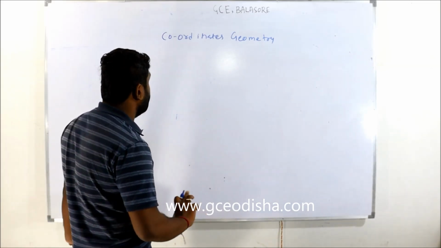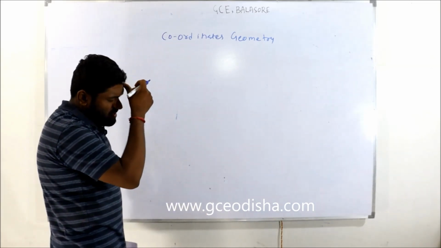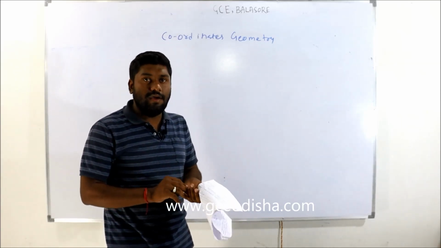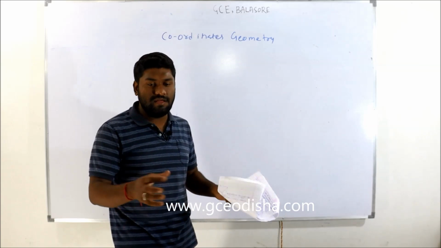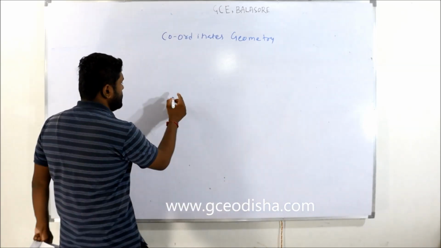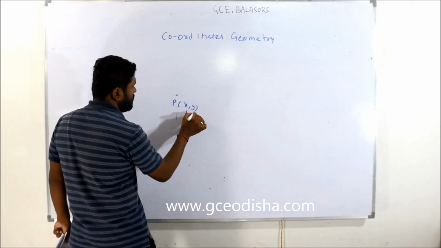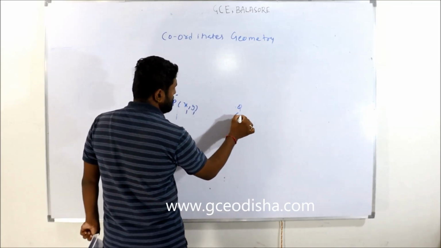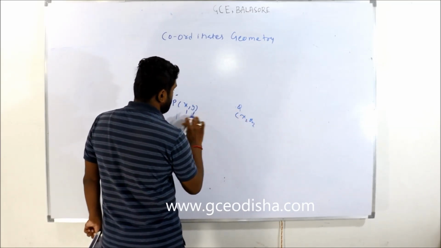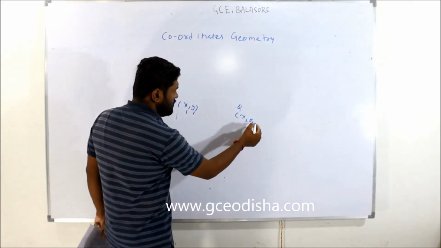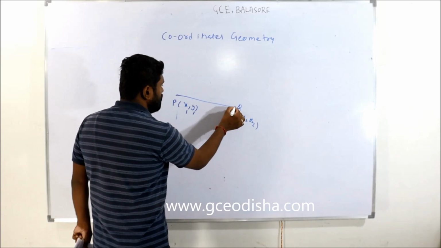Then come to the direct questions that come in the BD entrance examination, mainly: find the distance between two coordinates, like P (x1, y1) and Q (x2, y2). There are four variables, x1, y1, x2, y2. Find the distance between the 2 points.